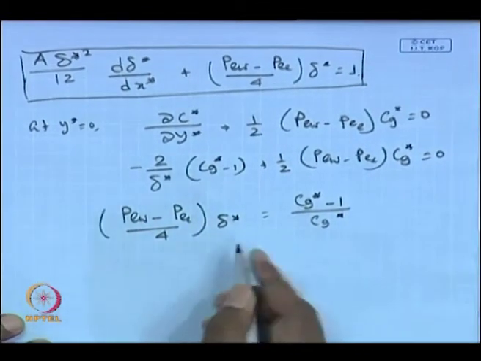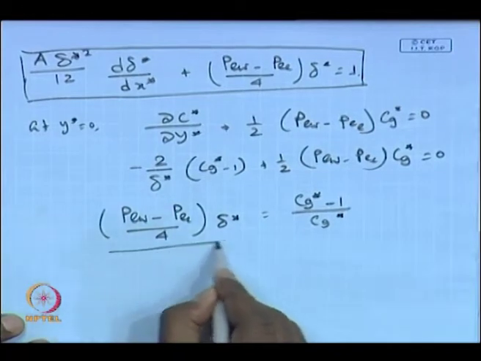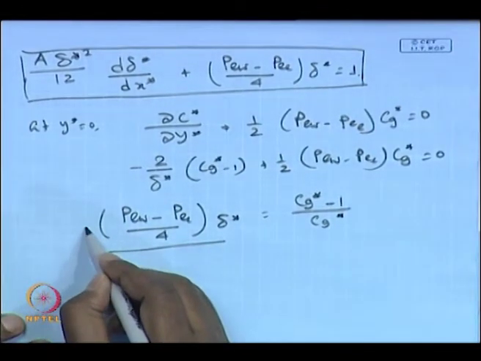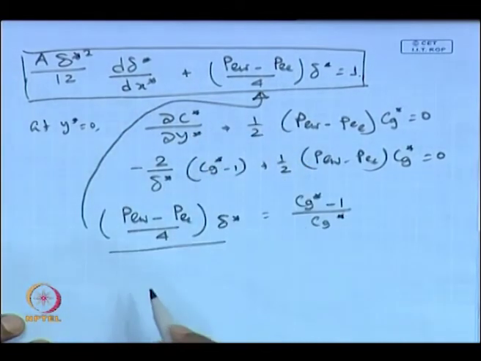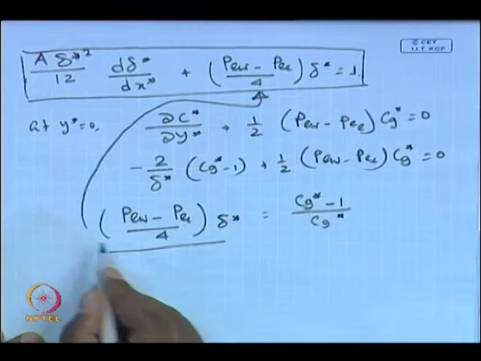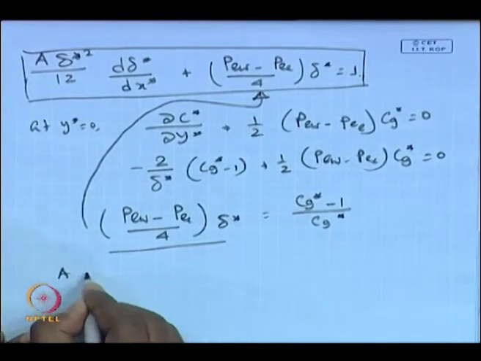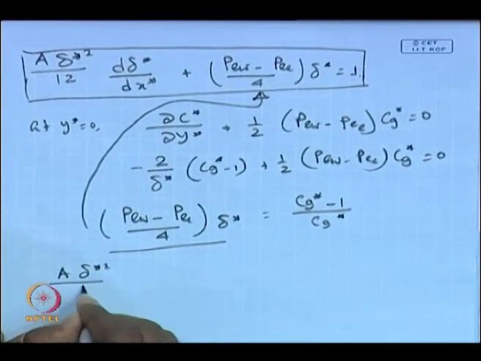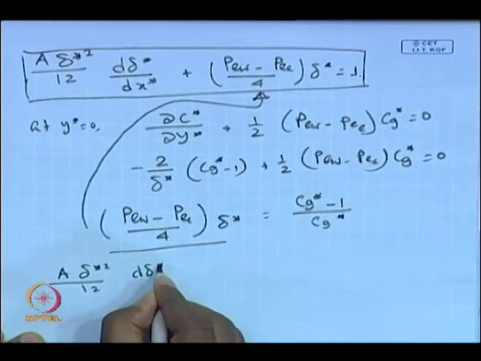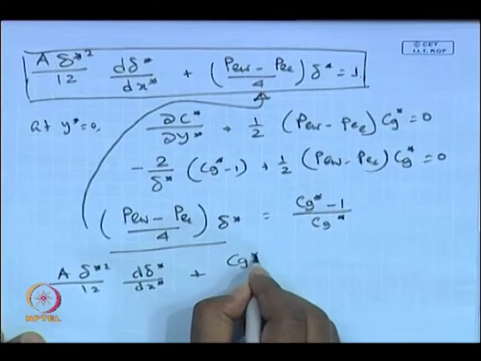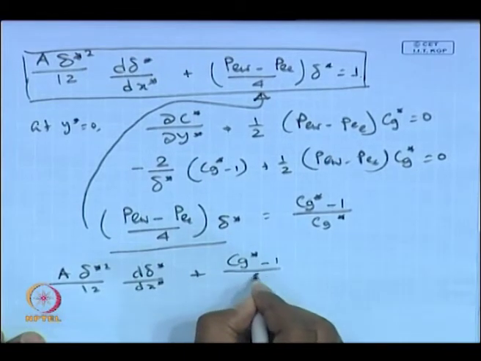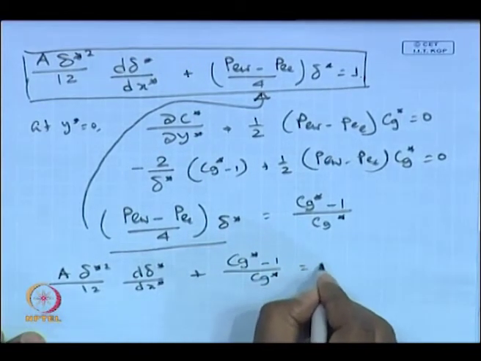So, we are going to substitute this into this equation. If you substitute it, what you get is delta star square divided by 12 d delta star dx star plus Cg star minus 1 divided by Cg star is equal to 1.